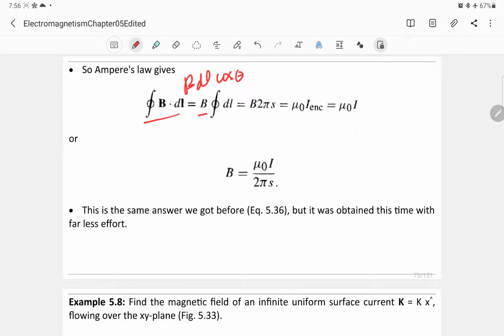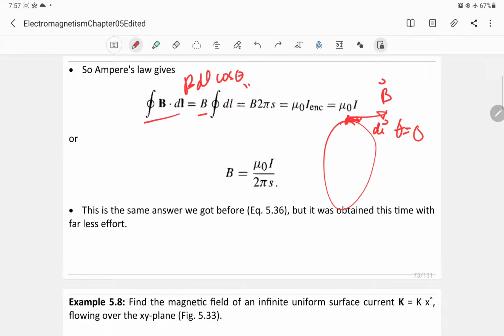You're doing a circle, so this is your B, and this is also your dl. So the angle theta between B and dl is just equal to 0, and cosine 0 is 1. So from B dot dl you now have B dl.